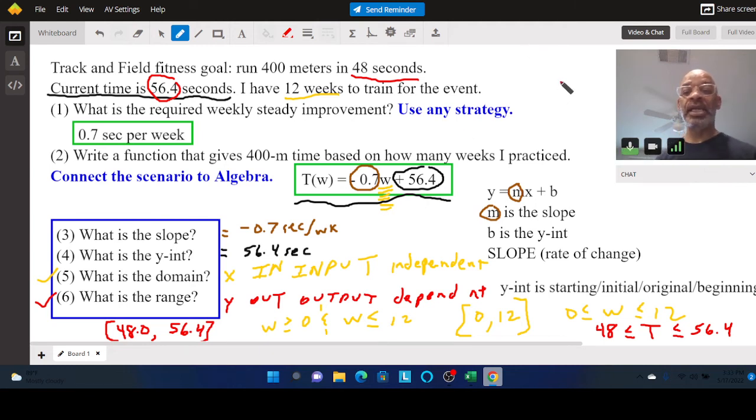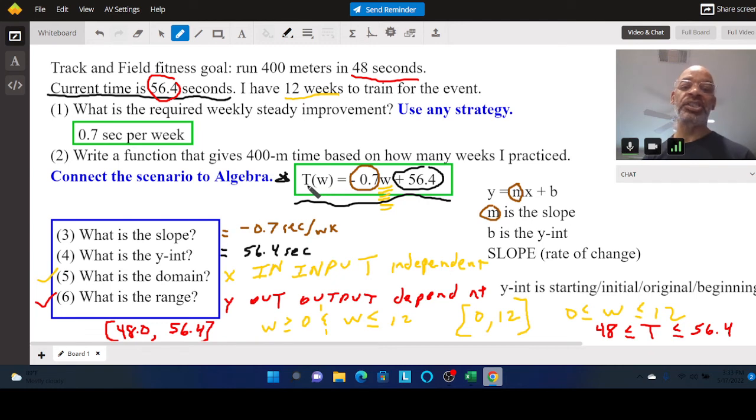Last thing I'd like to look at, we've answered those 4 questions, is let's read, get a little better understanding of our function. This is read, the function t based on w, commonly read t of w.